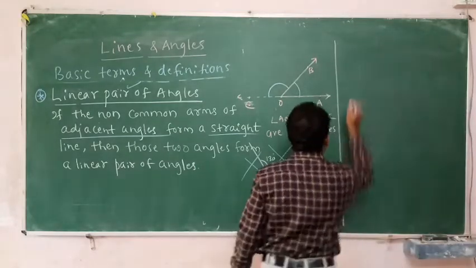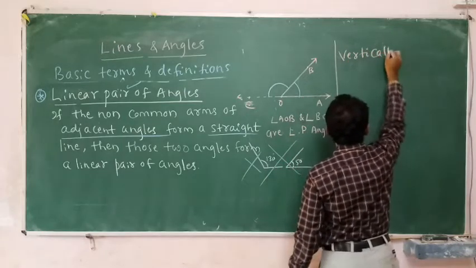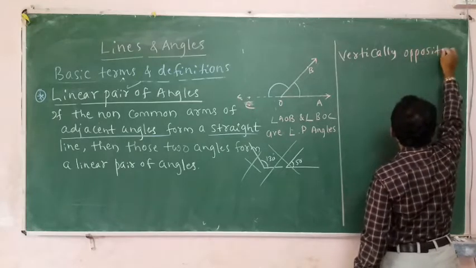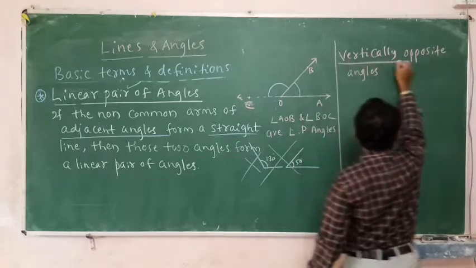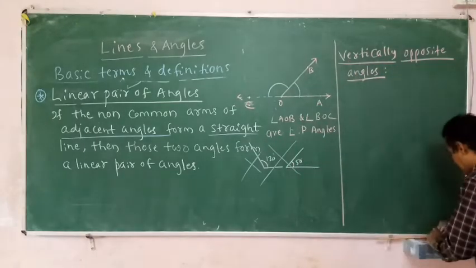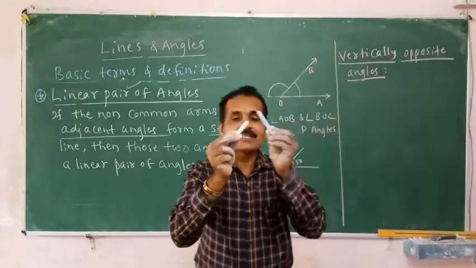This is vertically opposite angles. What are these? The name itself says vertically opposite. This is the first straight line. This is the second straight line.